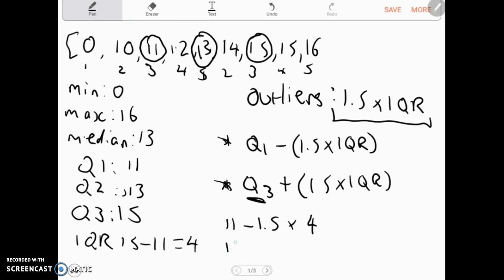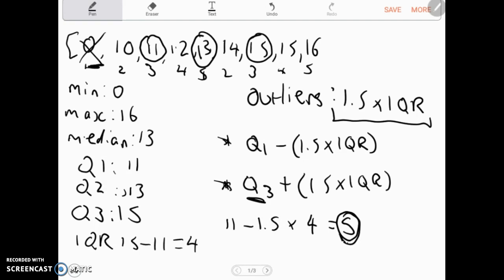So 11 minus 6 is what? 5. So any value that is equal to or lower than 5 is an outlier. It's an unusually small value compared to the rest of the data set. So is there any number in our set here which is lower than 5? Well, yeah, there is. 0. So we know that 0 is an outlier and we probably shouldn't count it.